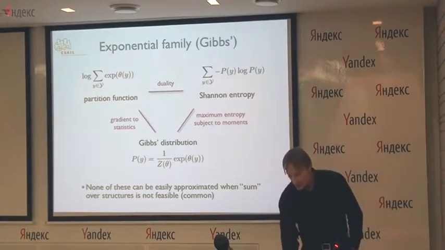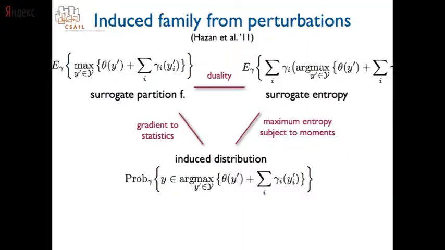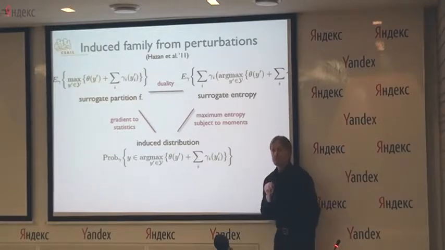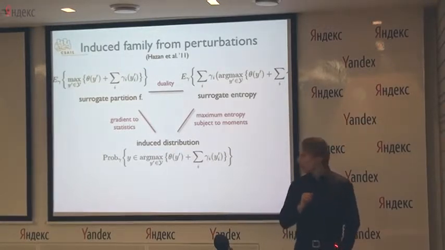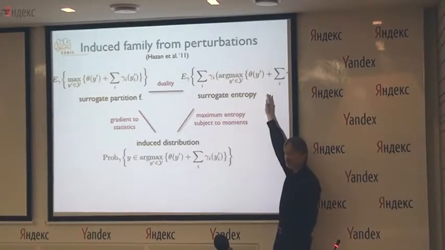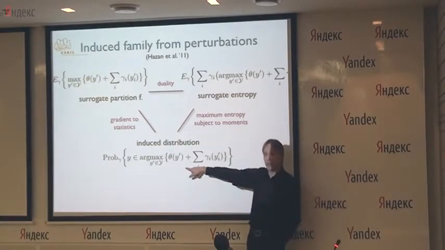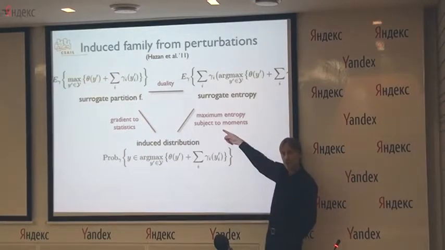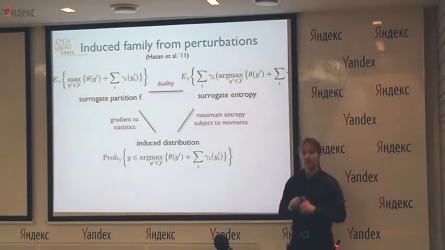And indeed there is. You can get exactly the same relationship here, for the most part, with just a slightly different concept of entropy. All right? So here we have, with this new entropy concept, this induced distribution that we can easily sample from is actually the maximum entropy distribution subject to some statistics. All right?